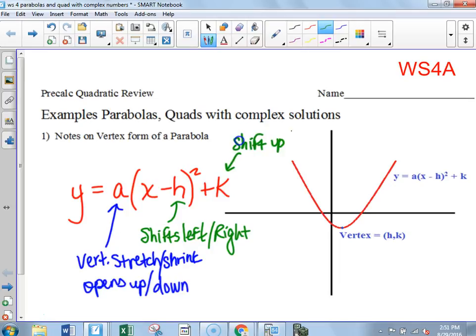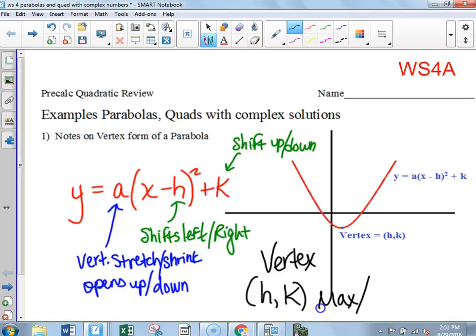Up or down. Now, where's the actual vertex then? That maximum or minimum point? It is the opposite of this, which we just call H because you're taking the opposite because of that guy. And then K. All right, H, K is the vertex, and a vertex we will also refer to as a maximum or minimum point eventually.